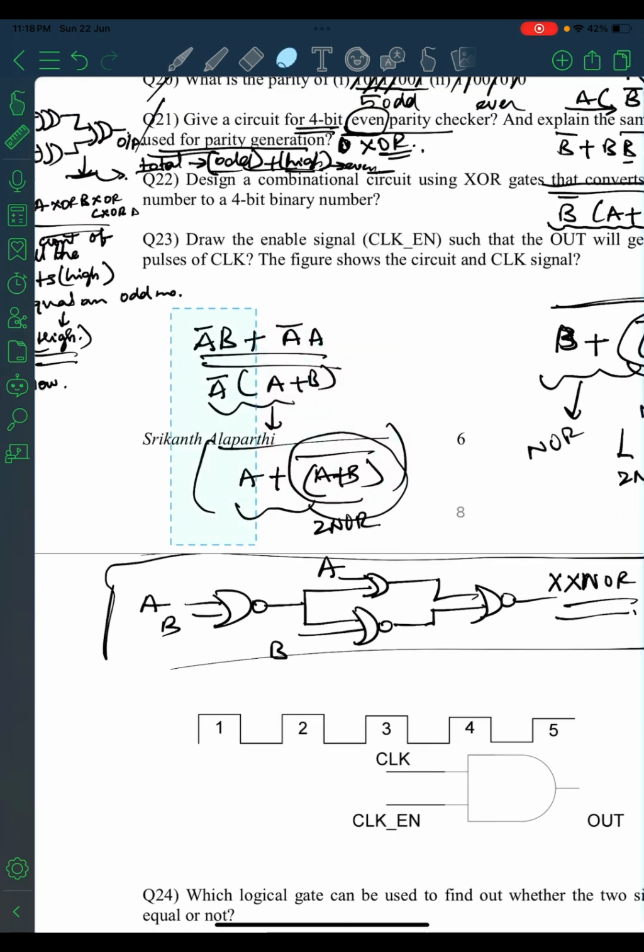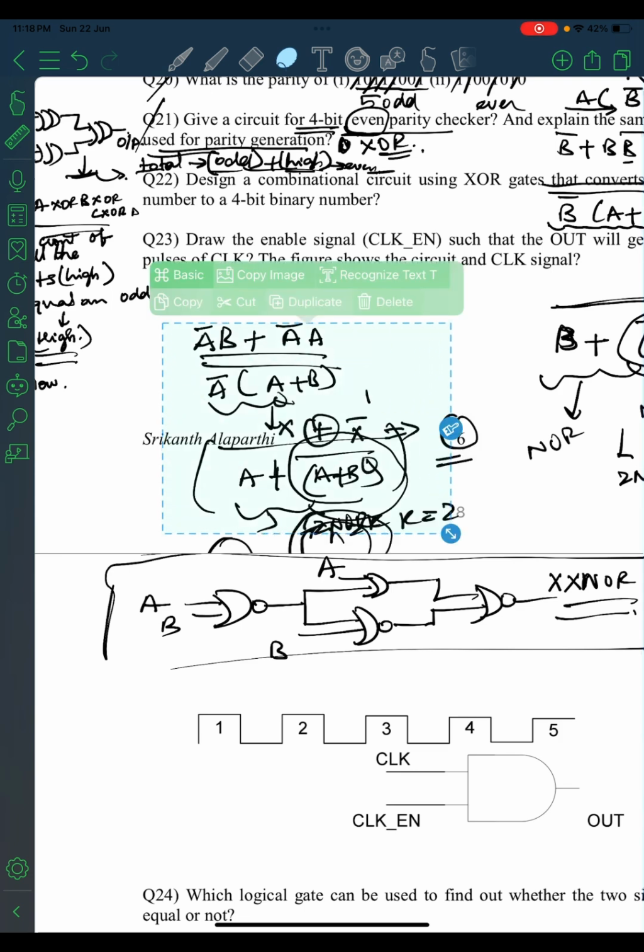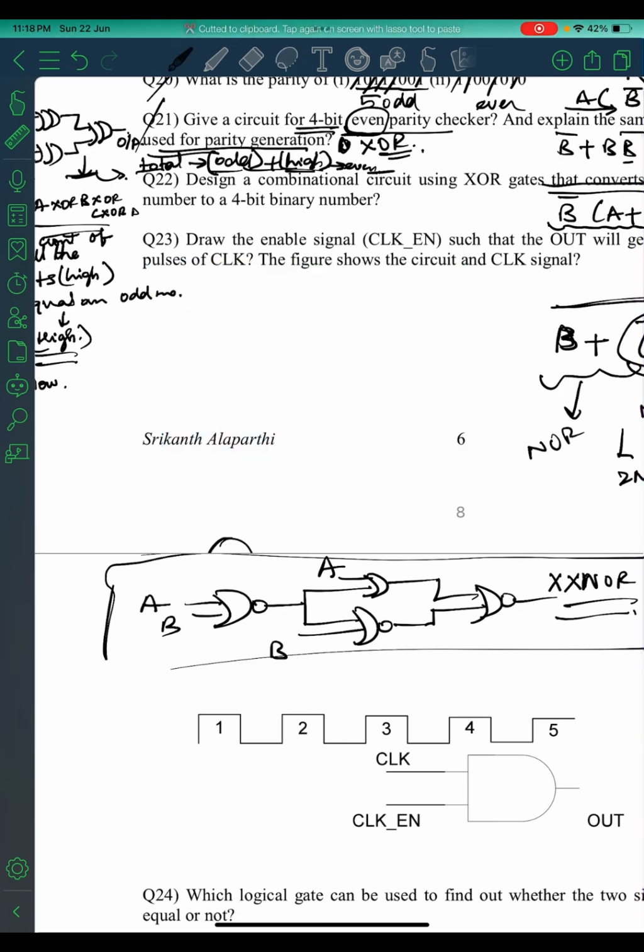Gray code is nothing but the difference between each and every subsequent code being exactly 1 bit. He's just asking to design the combinational circuit using XOR.